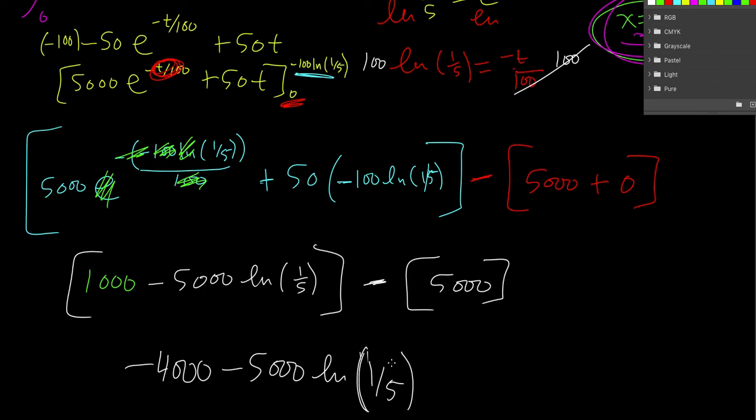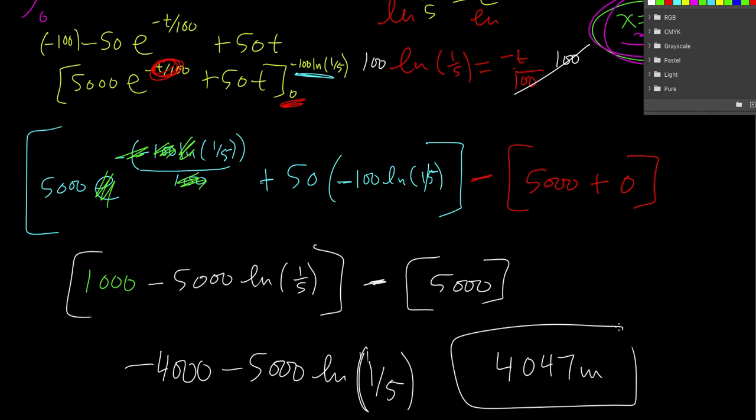And if we plug that into a calculator, we're going to end up with about 4,047 meters. If you need additional help, please come to Math Lab. Until then, calculator.